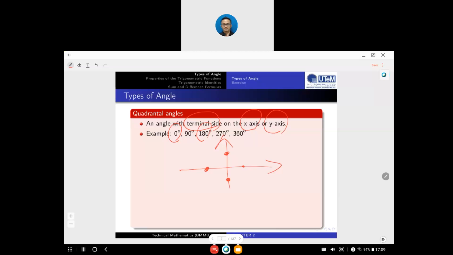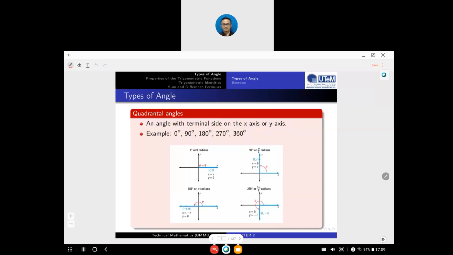And the last one, when you have 360 degrees, satu pusingan tu, this one is also a quadrantal angle. So you have 1, 2, 3, 4, 5 angles that we call quadrantal angles. Kalau tengok dia ada 4, dia ada 5 semuanya, because 0 is also equal to 360.